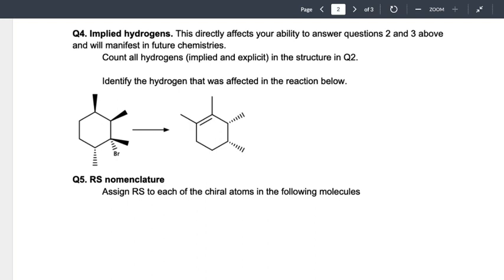So for the sake of the recording, it's how is a question asked where you could potentially confuse bonds versus forces, ultimately going back to intra versus intermolecular. When do we care about forces?